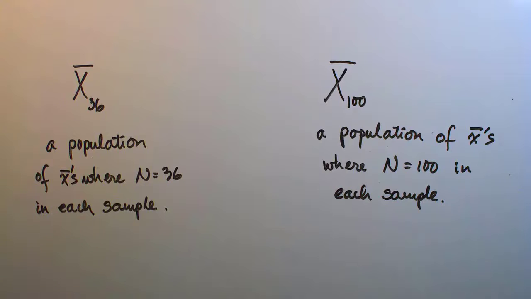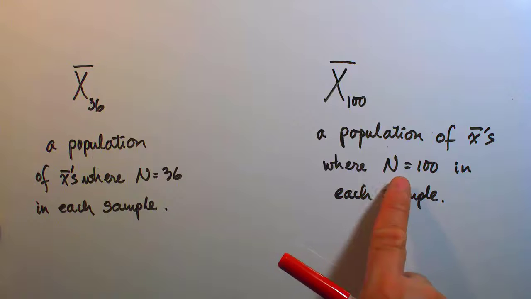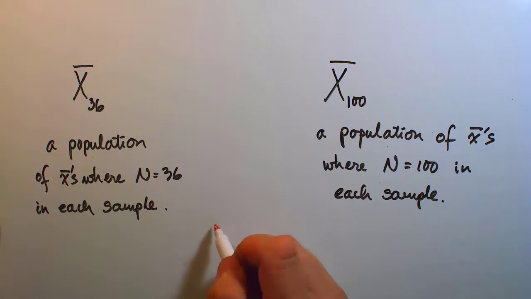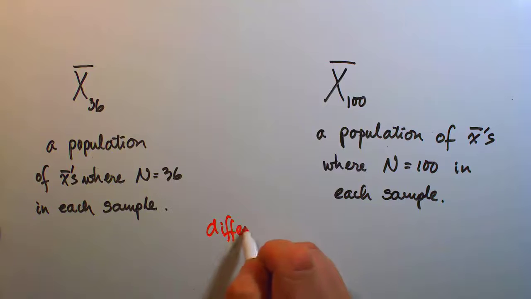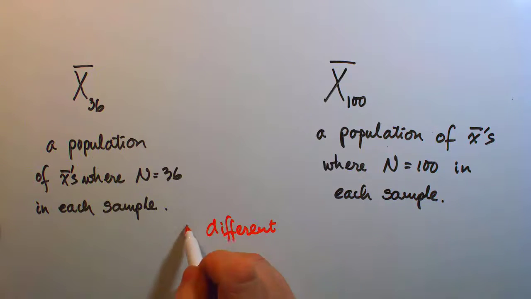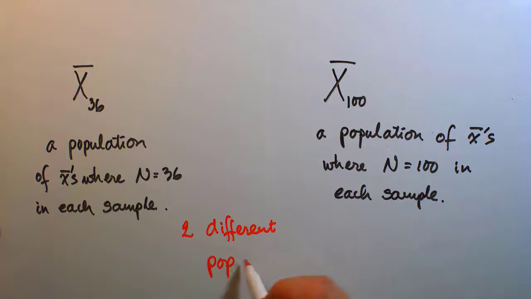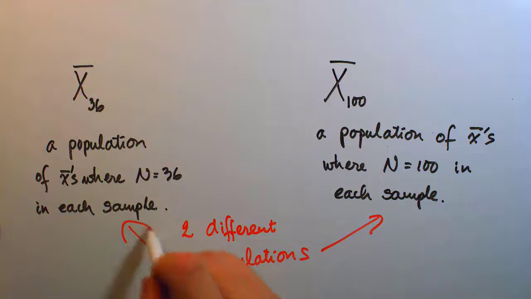And so here is another impact of naming different random variables to represent sampling distributions simply by indicating the sample sizes as subscripts. Even though both are populations of X bar, since we alter the sample size in each of our samples, these two are completely different. So here we're looking at two different populations, this one here and the other one there on the left.